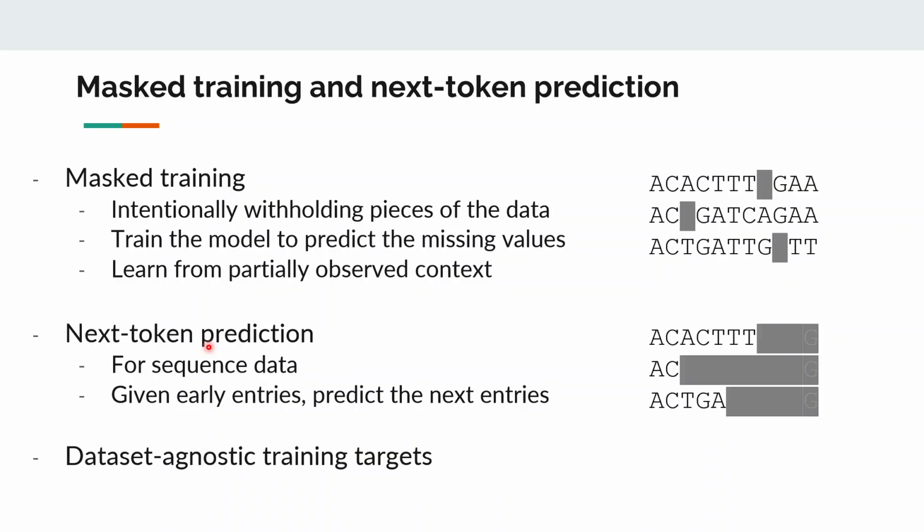In a situation where the data is sequential, like gene and protein, sometimes people use what's called next token prediction. It's similar to a language model. We ask the model to predict the next word. We start with the first word and then we ask the model to fill in the next word, and the next word, and so on. In the case of gene and protein sequences, we can ask the model to predict the next nucleotide, the next amino acid.